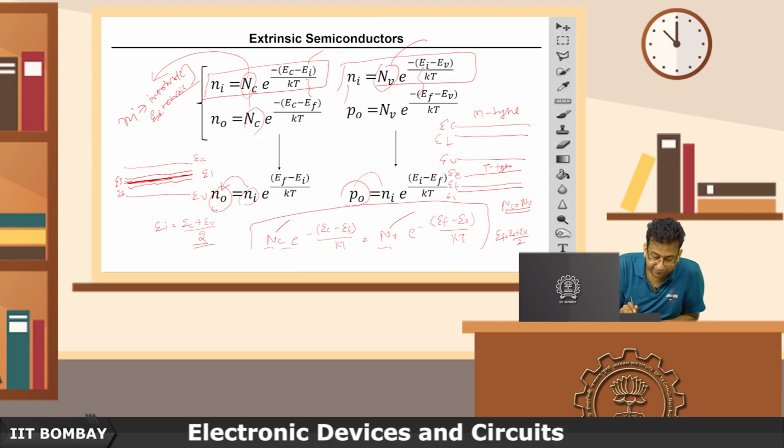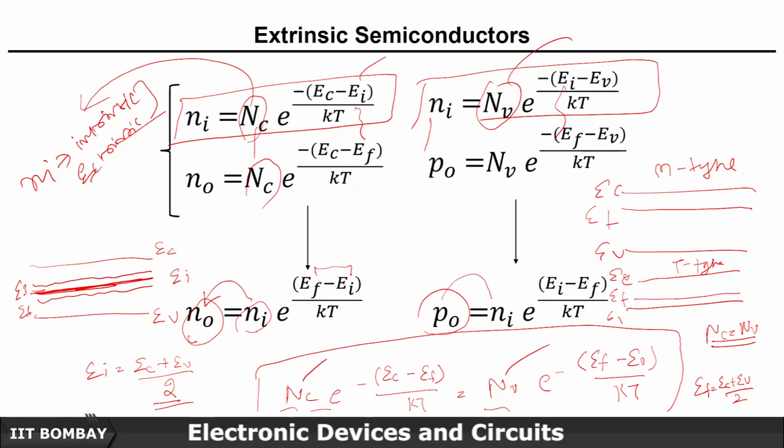So you can see the difference between Ef and Ei, the Fermi energy level and the intrinsic level, this shift, if I draw Ei here, directly depends on the equilibrium electron concentration. And similarly, this shift in case of a p-type semiconductor directly depends on the equilibrium hole concentration. So if you know this, you can calculate that, or if you know the equilibrium concentrations of electrons and holes, you can calculate the shift in the Fermi energy level from the intrinsic energy level.